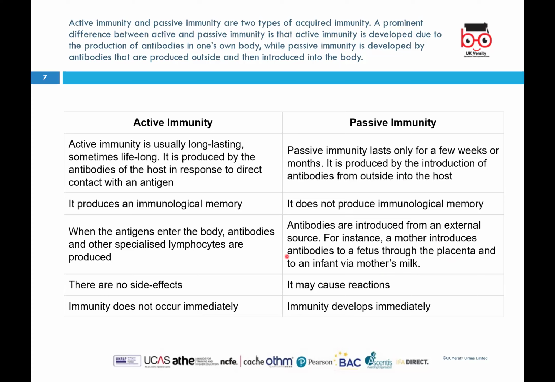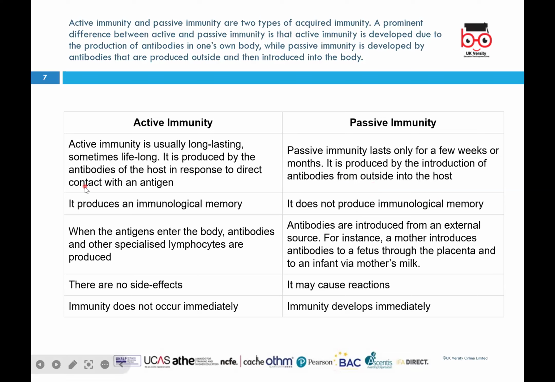Passive immunity develops immediately. However, active immunity takes time in developing. Passive immunity doesn't last for long. Even in the mother's case, it's just 6 to 7 months. And it does not lead to a memory. So it's fast, however, it doesn't lead to immune memory cells.